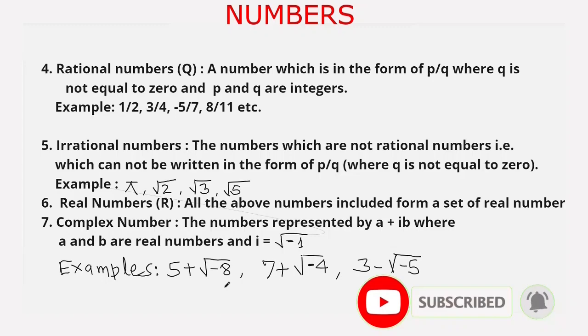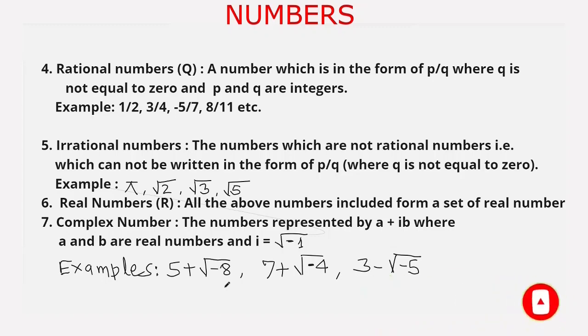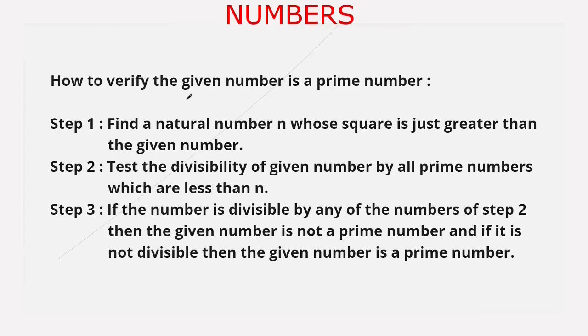Here in this part of numbers, we are going to deal with real numbers. How to verify whether the given number is a prime number? Step 1. Find a natural number n whose square is just greater than the given number. Step 2.